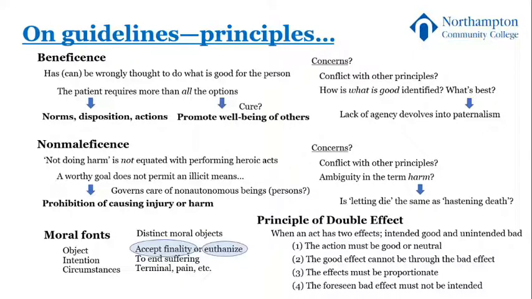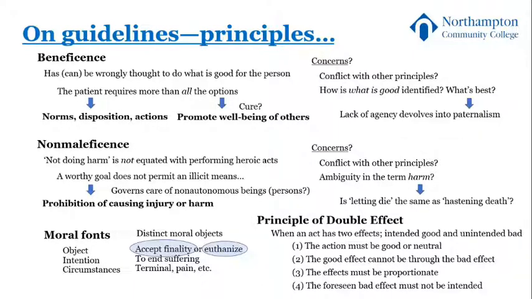Another thing, just real simply, would be maybe to have a cancerous uterus removed. Okay, now that's not a good thing to have a uterus removed. So the unintended effect is that this individual will no longer be fertile. But the good effect, the good intention there, was that they'd be at least free of the cancer.